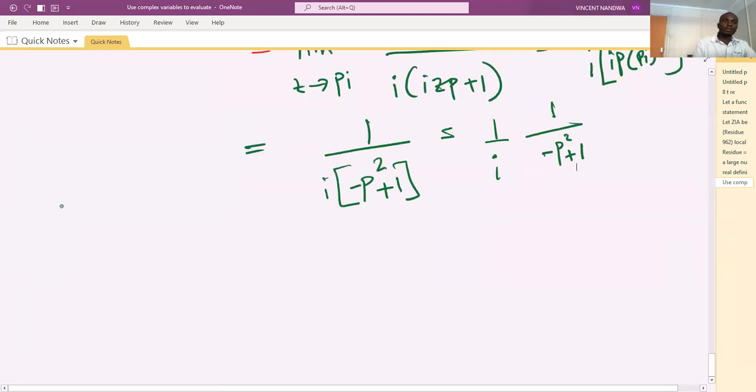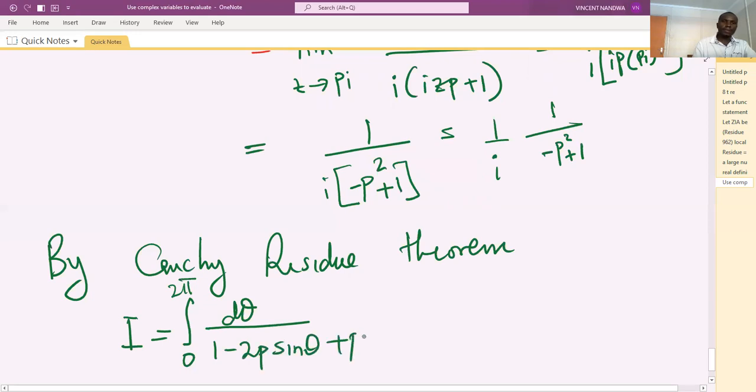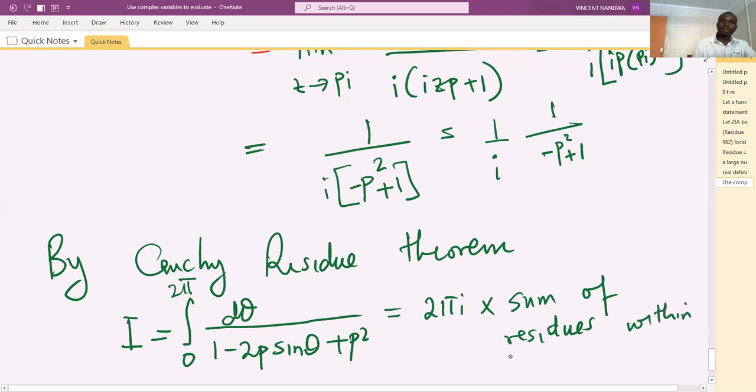So by Cauchy residue theorem, I is given by the integral from 0 to 2 pi d theta over 1 minus 2p sin theta plus p squared is given by 2 pi I times sum of residues within C, the unit circle.